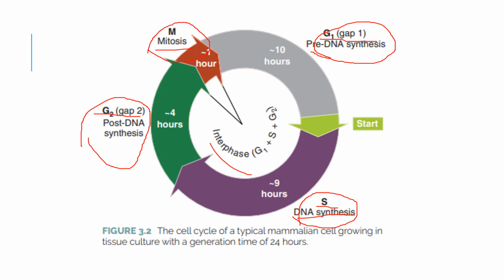In this representation, the M period includes cytokinesis, which is the division of the cytoplasm into two approximately equal parts, each containing one daughter nucleus.